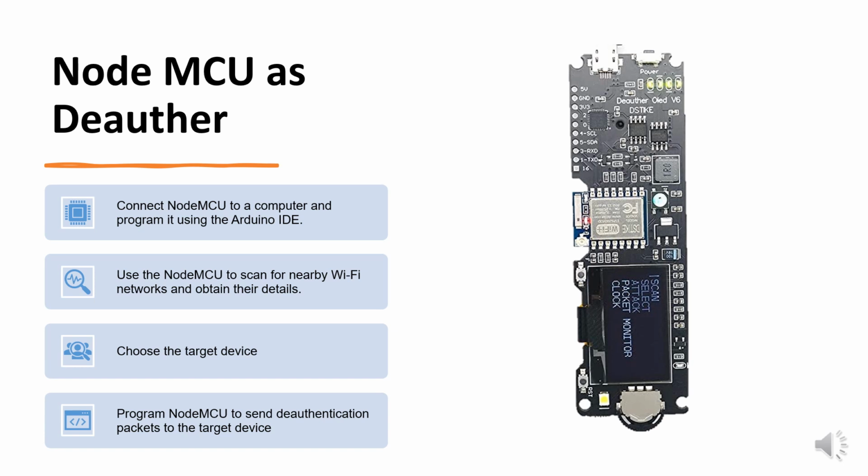The attack scenario is the same: NodeMCU first scans the nearby Wi-Fi networks and obtains details like MAC addresses, and then chooses the target device which it wants to disconnect. And for sending the deauthentication packets, again, we need to program NodeMCU to do that. Based on MAC addresses, it will choose the targets and send the deauthentication packet.